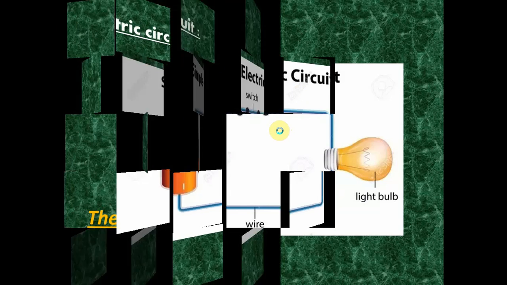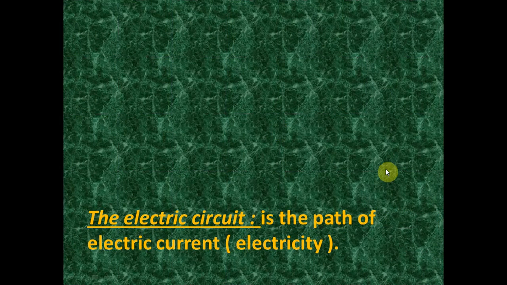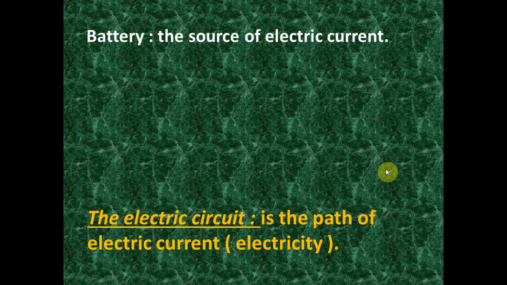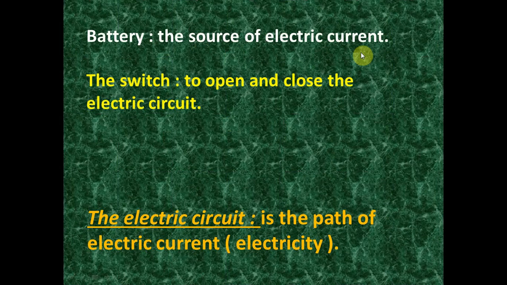So we will say the jobs of each part again. First, the battery is so important as it is the source of electric current or the source of electricity. The second part is the switch. We use the switch to open and close the electric circuit.